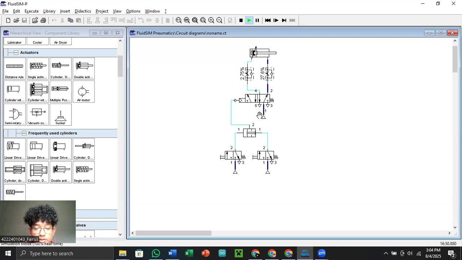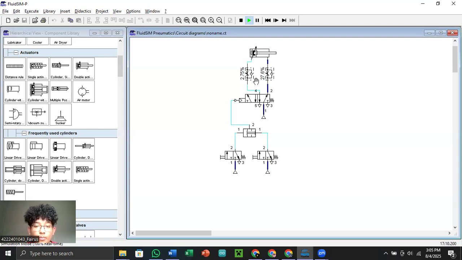Before reaching the cylinder, the air passes through a flow control valve with a built-in check valve, which regulates the flow.